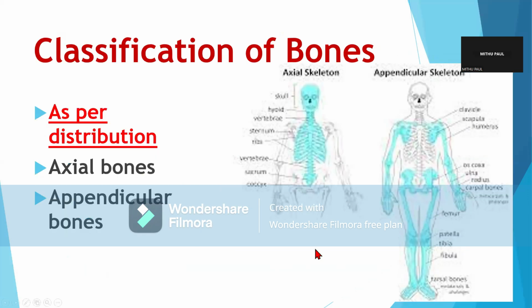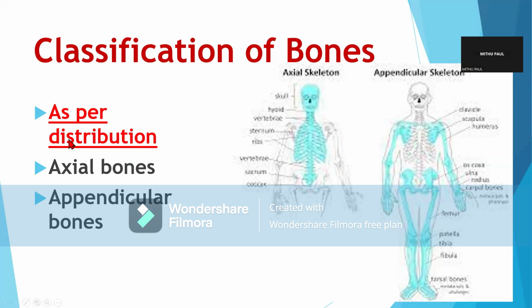In the last presentation, we talked about the classification of the skeleton as per distribution, and we named them. We have learned the names of the 206 bones lying in an adult skeleton. Now, the skeleton is formed of bones, and the bones are classified in several ways.